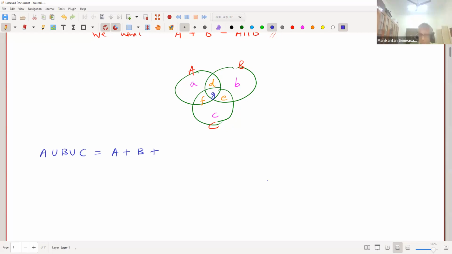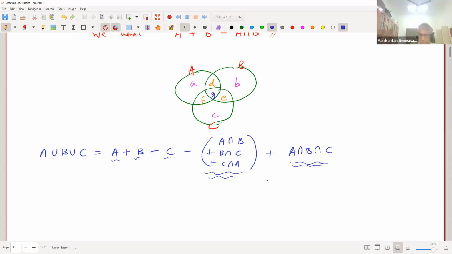It's meaningless to say set A plus set B. What I mean is the number of elements in set A plus the number of elements in set B plus the number of elements in set C, minus all the pairwise combinations: A intersection B plus B intersection C plus A intersection C, plus only what is common between all three, A intersection B intersection C. So it will alternate between plus and minus. Individually you add them, then pairwise you subtract them, and then for the triple, whichever is common to all three, you add it back.